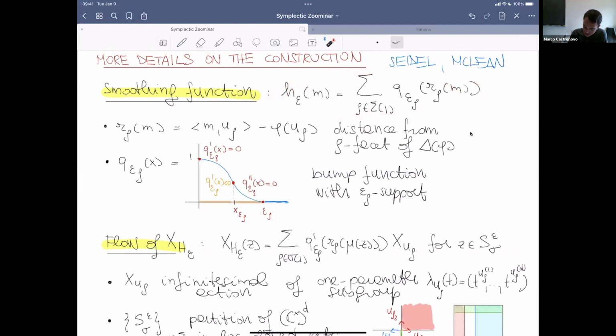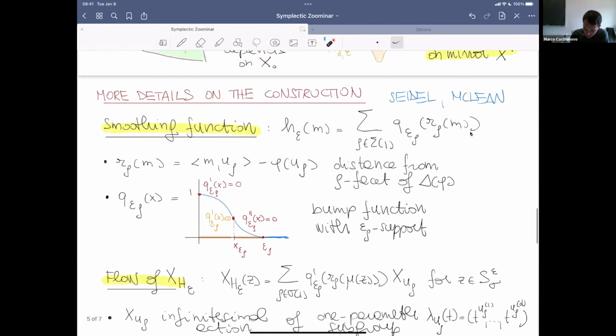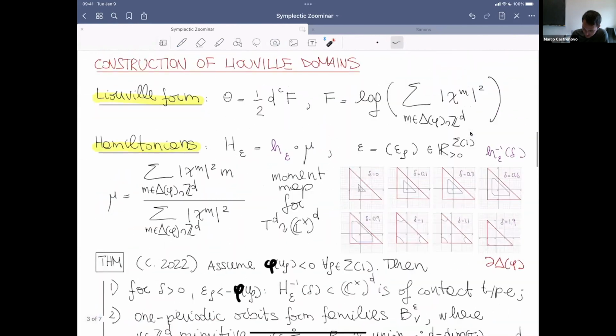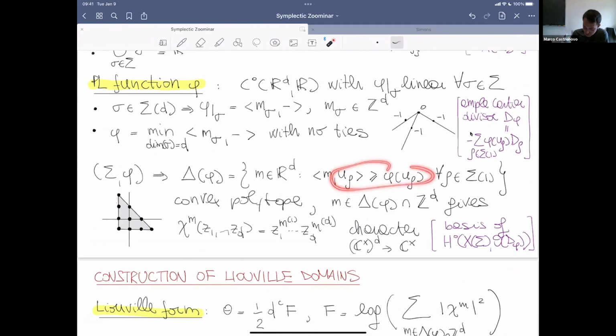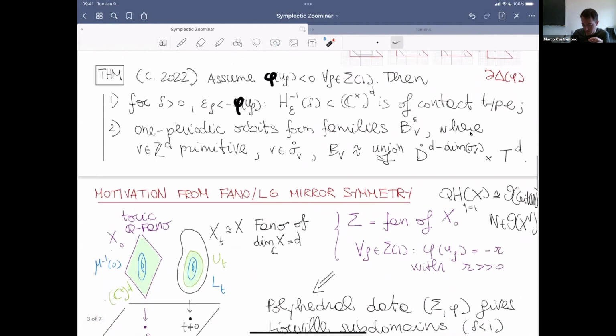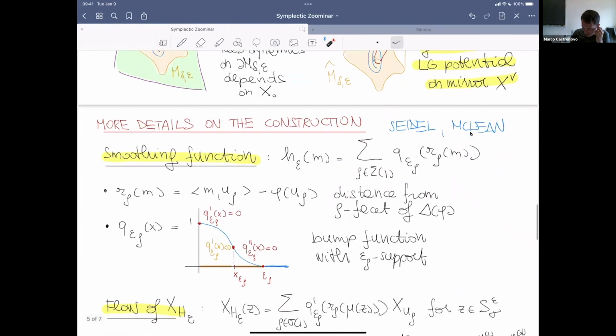So the smoothing functions I'm using are sums of bump functions applied to some radial coordinates. The radial coordinates are defined by looking at the facets of this polytope. If you bring this to the left-hand side, you get some functions that are non-negative precisely on the interior of your polytope. So they give you a measure of distance from each facet.